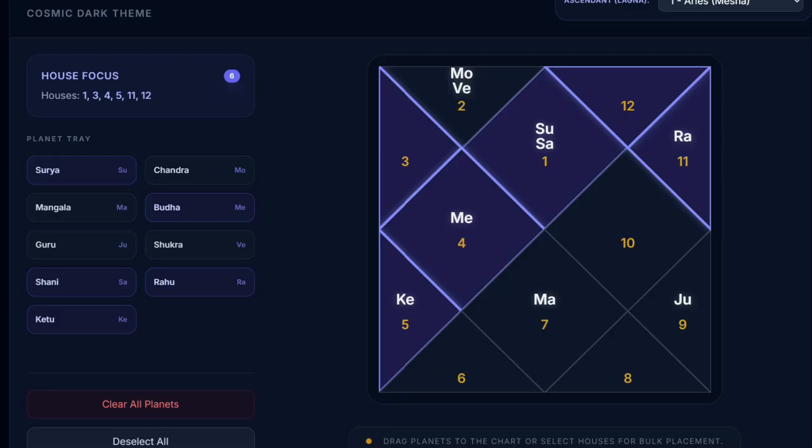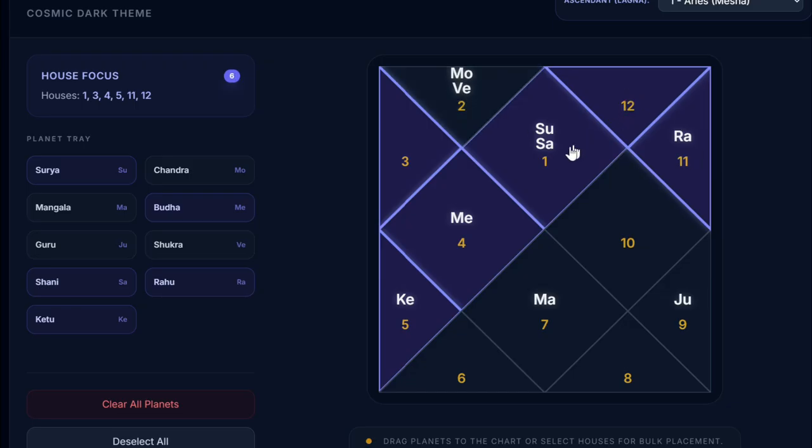How do we count that number? Any planet sitting in the second, third, and fourth houses from that planet, and the 12th, 11th, and 10th houses from that planet.